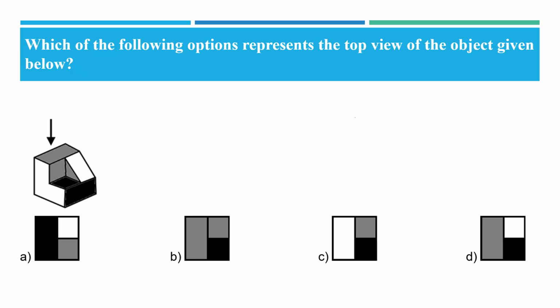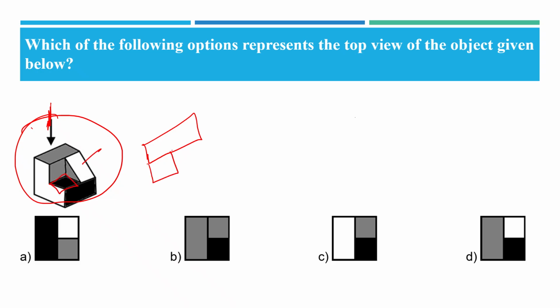Which of the following options represents the top view of the object given below? As you see the given image, the arrow is pointing to represent the top view. There is a rectangle and a square here.